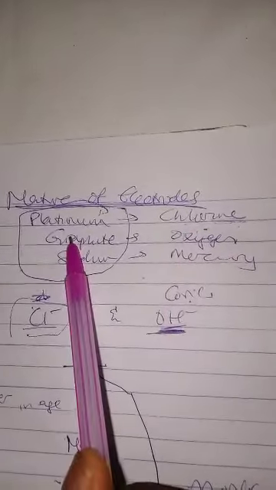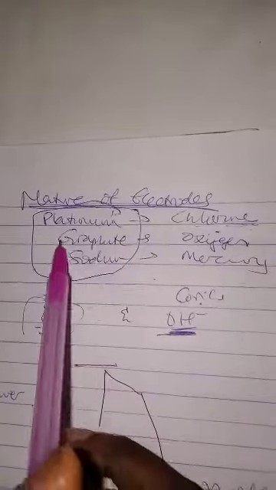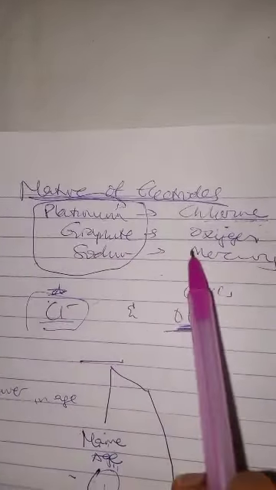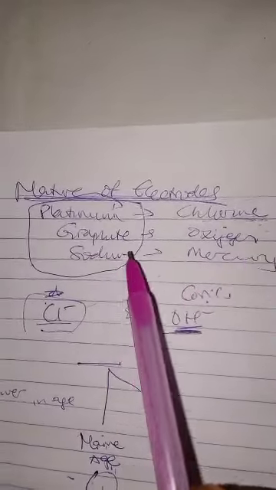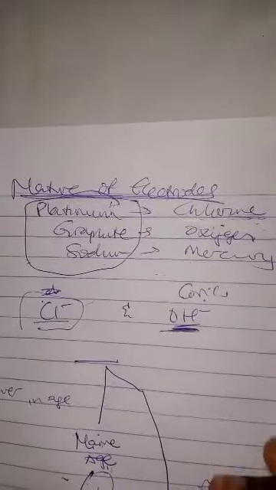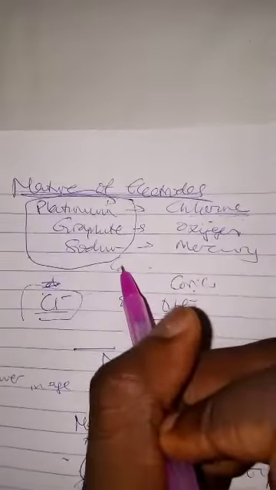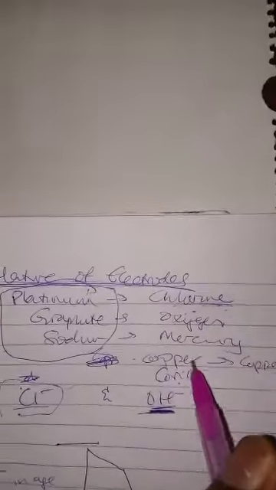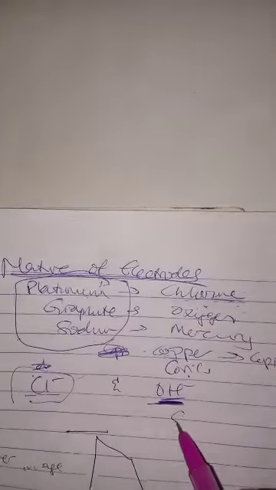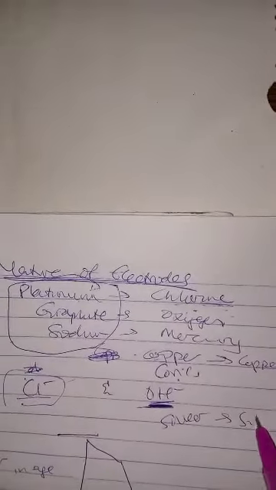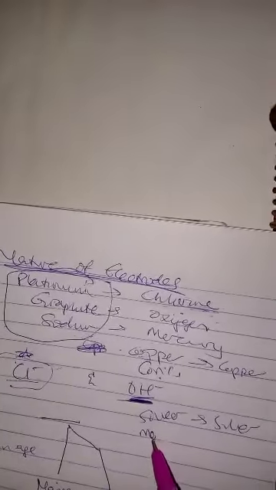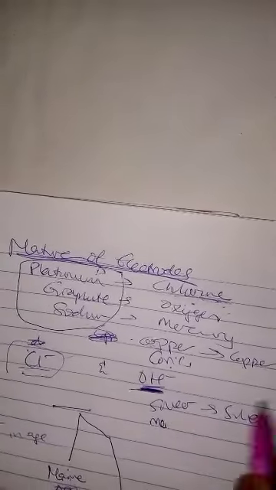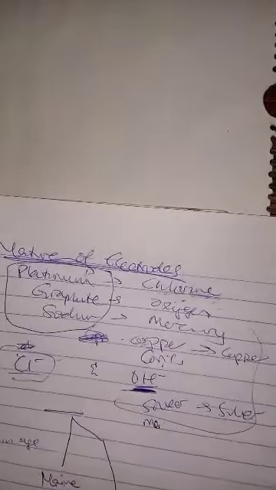The same thing for graphite: anytime graphite is in that reaction, oxygen will be favoured. The same thing for sodium and mercury. The same for copper: if copper is in the solution and you have copper again, copper will be favoured. Maybe silver is in the solution and you have silver again, silver will be favoured. Maybe you have mercury in the solution and you have mercury again, it will be favoured. So let's take note of these special cases.